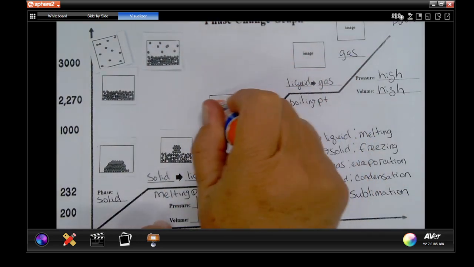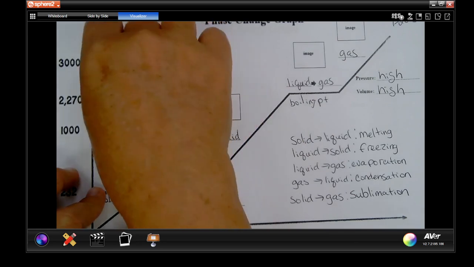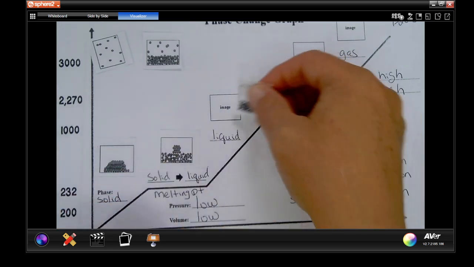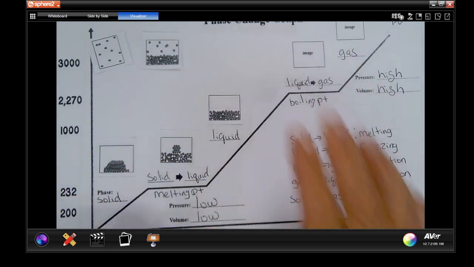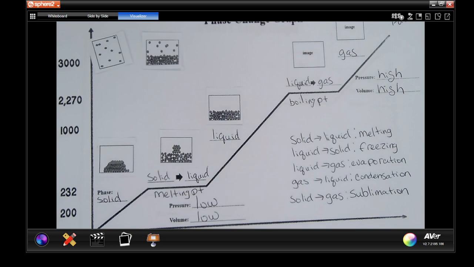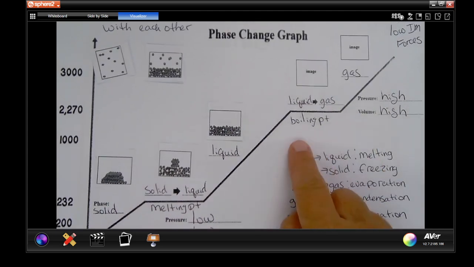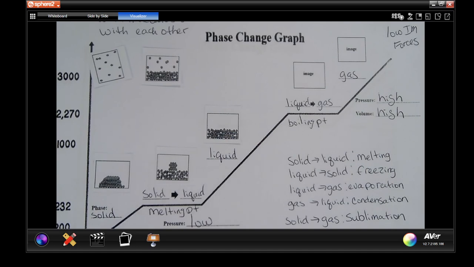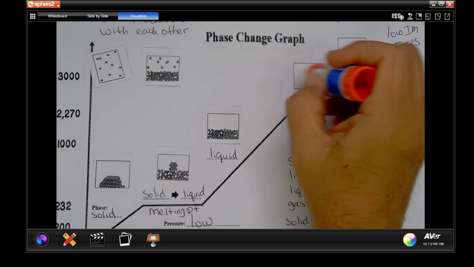The next one shows all liquid, which means there's no clumps. There should be no clumps in all the liquid, which it would look like here. Okay. The next one is a liquid to gas. Gas, of course, we're increasing that energy. They're moving faster. They're breaking those IM forces. They're moving farther apart.